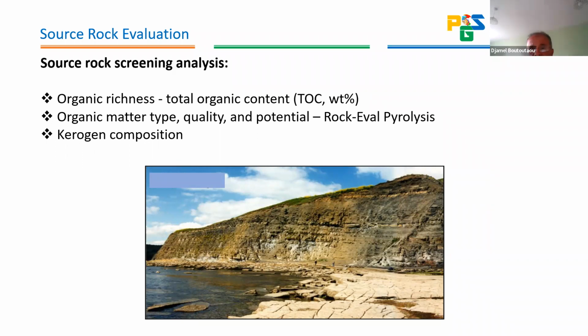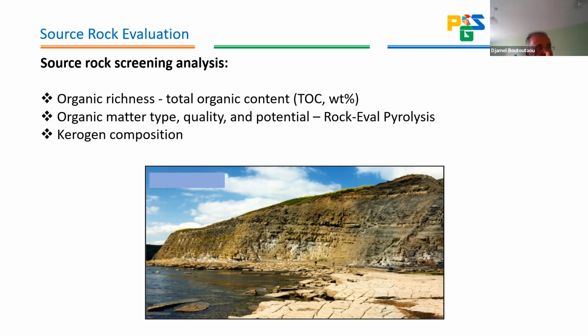To do that, we need to screen our samples for organic richness, which is expressed by the total organic carbon. So you need to analyze samples and determine the percentage of organic matter in rock samples. Then we need to know if we got a sample, an interval, which is organically rich, with high TOCs.